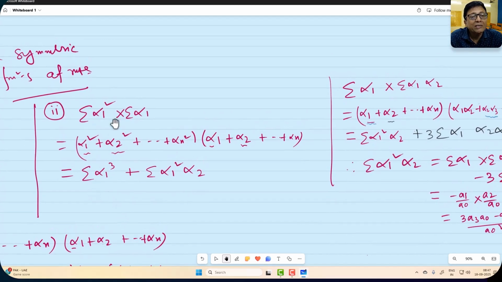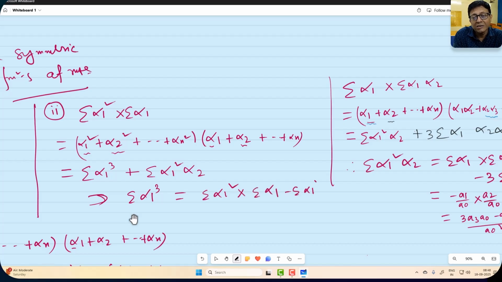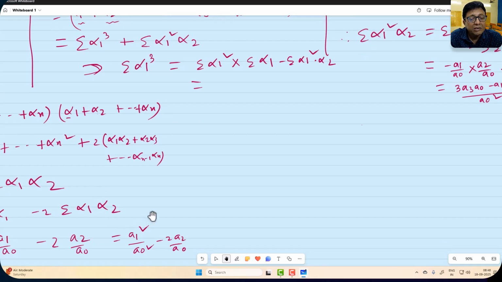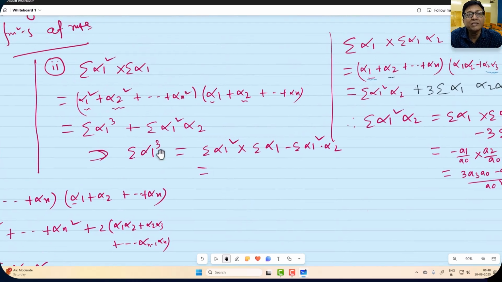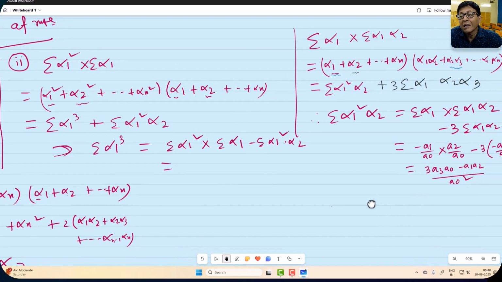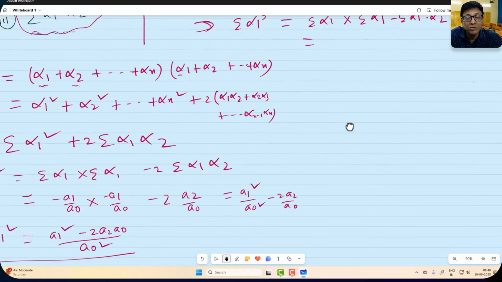Our aim is to find sigma alpha 1 cube. So sigma alpha 1 cube is equal to sigma alpha 1 square into sigma alpha 1 minus, you know the value, sigma alpha 1 square we have just found, sigma alpha 1 we know, and sigma alpha 1 square alpha 2 also you got here.